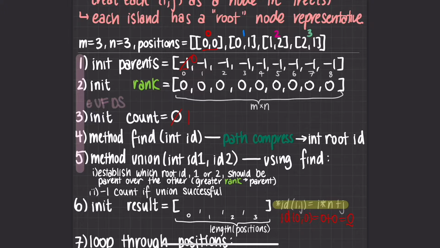As I said before, any index in parents that is ocean is going to be -1, but anything else is going to have a non -1 value, meaning it's a piece of land. So here, 0 pointing to itself as its own parent means 0 is the representative root for its island. This makes sense because right now our island looks like this, with one node and no children.